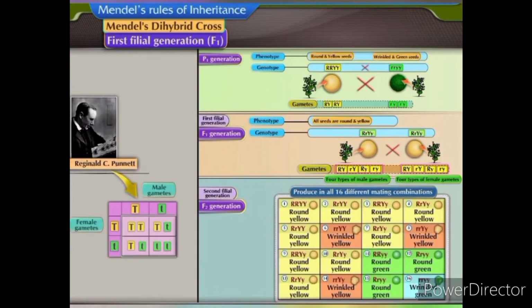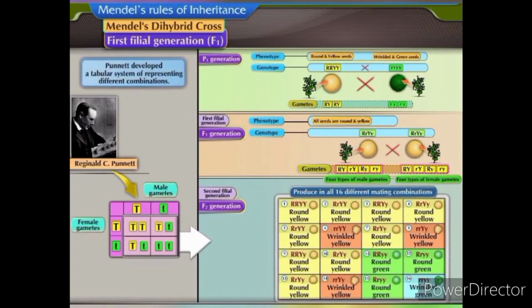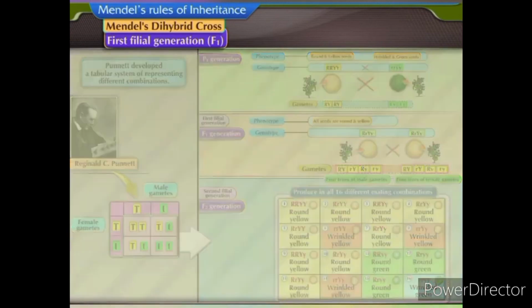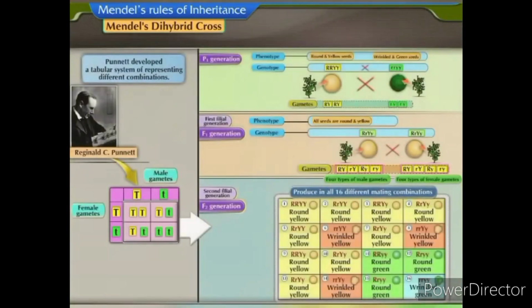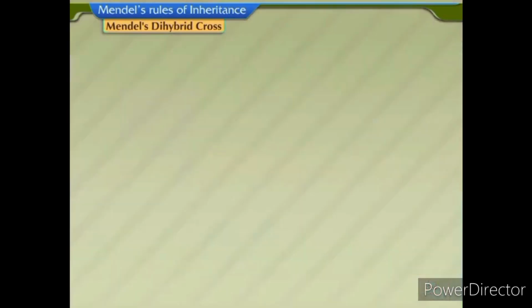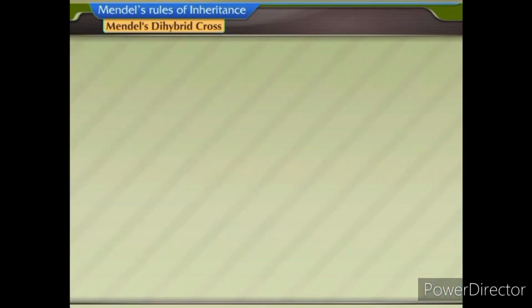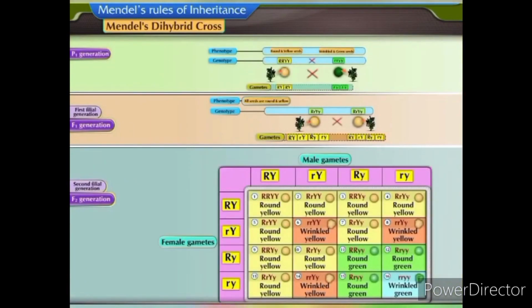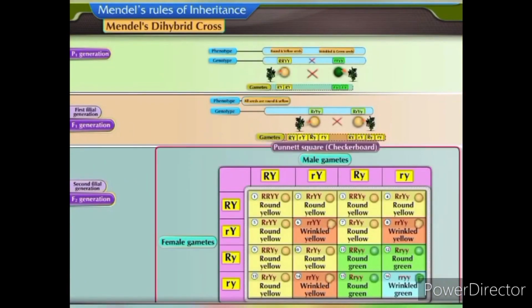Reginald C. Punnett developed a tabular system of representing these different combinations. This system was used by Mendel, which helped in easy identification of different genotypes and phenotypes. This type of Punnett square is also known as a checkerboard.